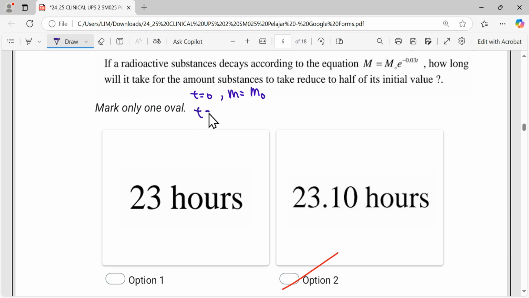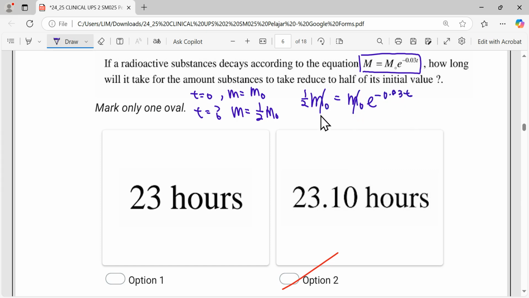They ask when this mass will be half of the initial value, meaning 1 over 2 of the initial mass. Therefore, we substitute into our solution: m equals 1 over 2 m naught, the initial mass, times e to the negative 0.03 t.